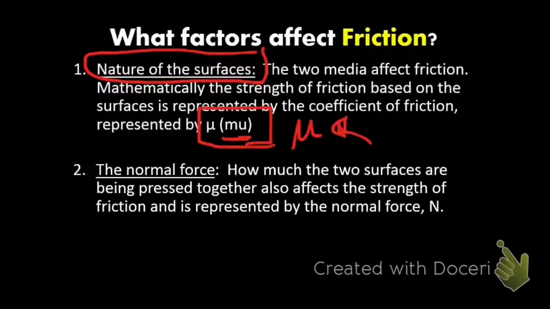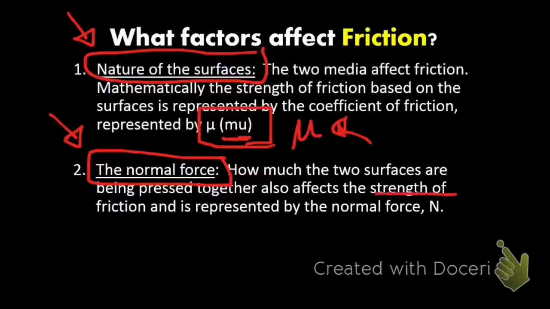The second important thing for determining the strength of friction is the normal force. If you can picture how much friction, how much grip there's going to be between two surfaces, it depends on how hard they are pressed together and what they are made of. And I think that makes a lot of sense.